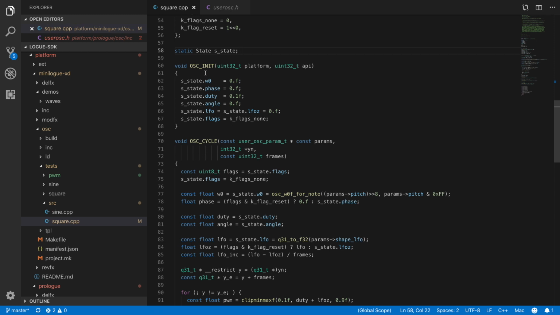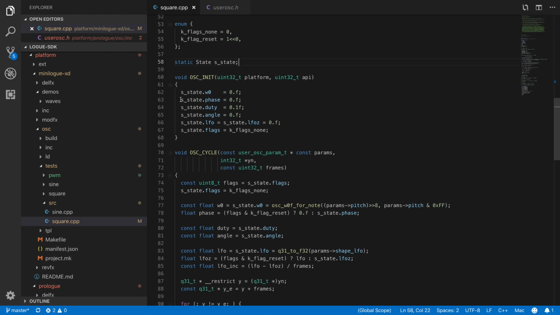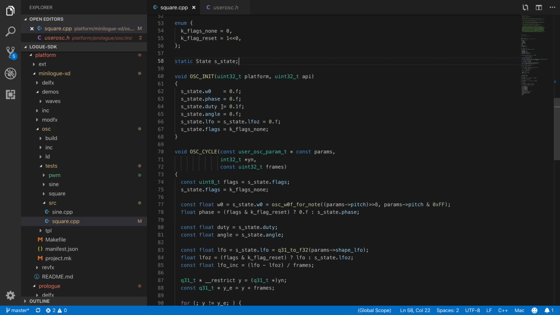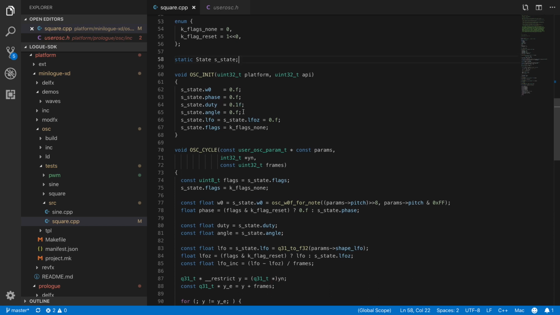What the programmers of this file did here is they are, of course, initializing the state with some initial values. We do not have an increment yet because we don't know at what pitch the oscillator is going to play. We do also begin with the phase of 0. The duty cycle is going to be 10% as a starter, and the angle is at 0 currently.